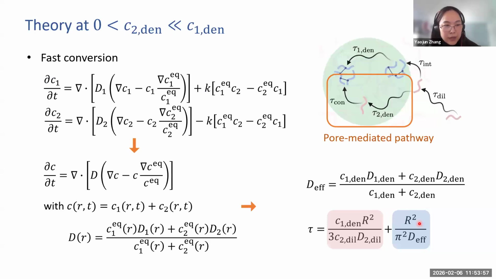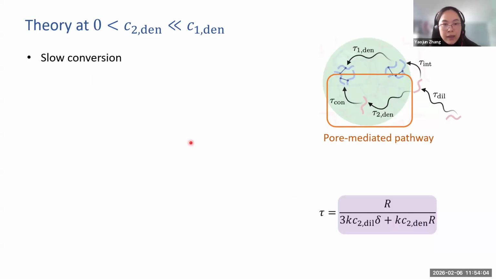Just to say that this is another hand-waving argument, but really it comes from a rigorous derivation. In the other limit, still with this pore-mediated pathway, the conversion is very slow. When the conversion is very slow, the recovery time is controlled by the conversion between the species 1 and 2 molecules.